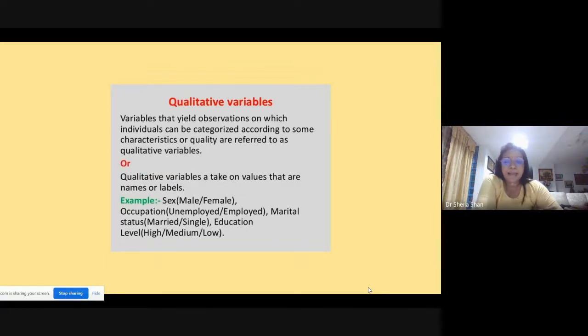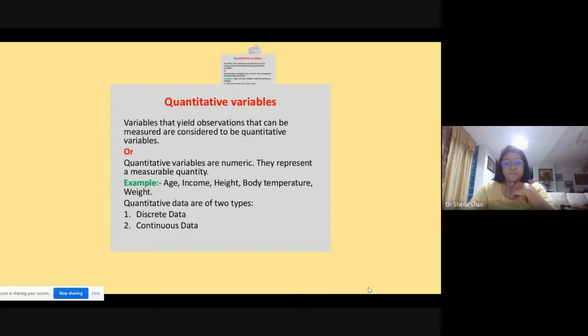Variables that yield observations on which individuals can be categorized according to some characteristic or quality are referred to as qualitative variables. They take values that are names or labels. For example, sex, occupation, whether you're employed or unemployed, marital status, married or single, education level, high, medium or low. All these are examples of qualitative variables.